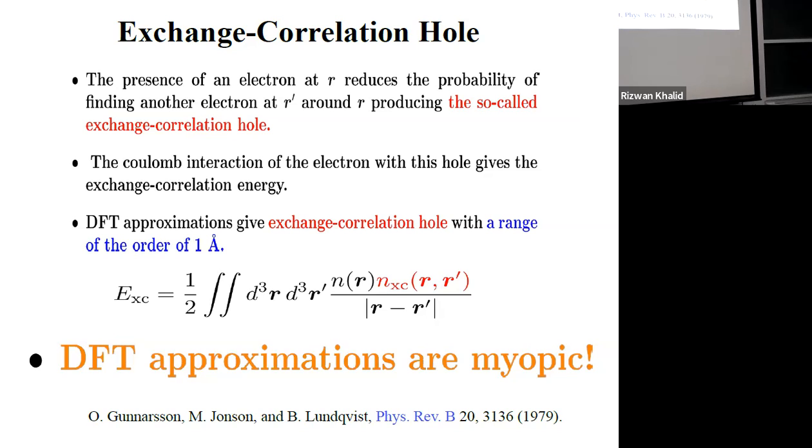The problem with all the DFT methods is that they assume that this exchange correlation hole has a range of the order of an angstrom. There are some technical issues here. If they use some other way, they get nonsensical results.